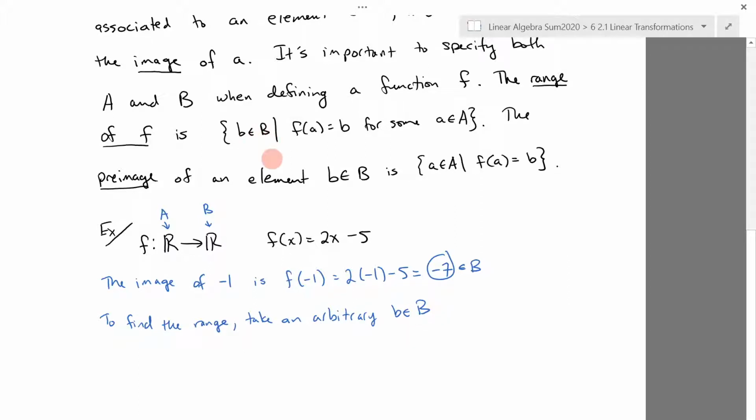I don't want to take a particular element. I want to take an arbitrary one, which could be any real number, and I want to be able to calculate this number using the function.